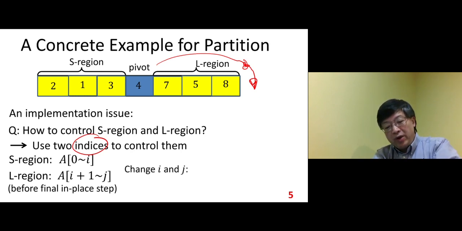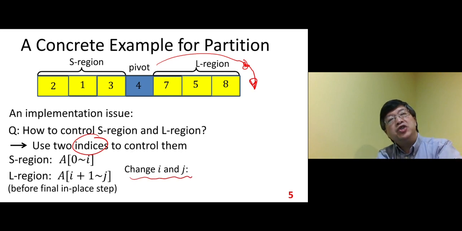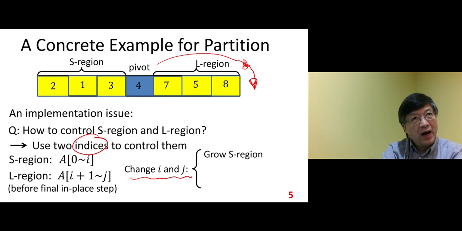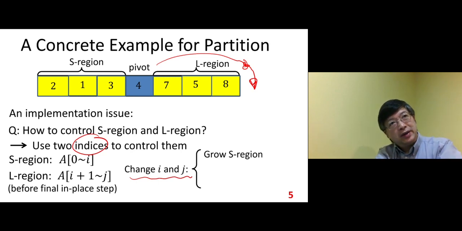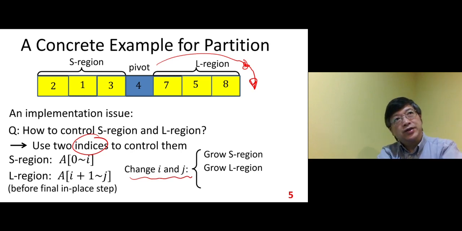You can see when we grow S region or L region, basically we just need to change the values of I and J. When we grow S region, we need to modify I and, sometimes if necessary, J. When we grow L region, we need to modify J and also look at whether we need to modify I or not.